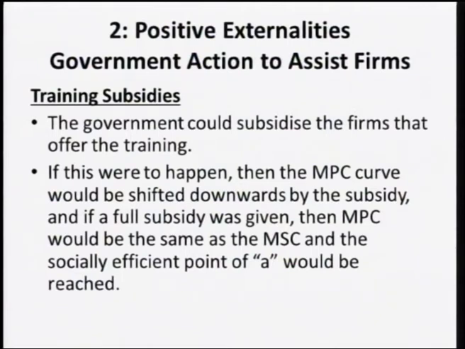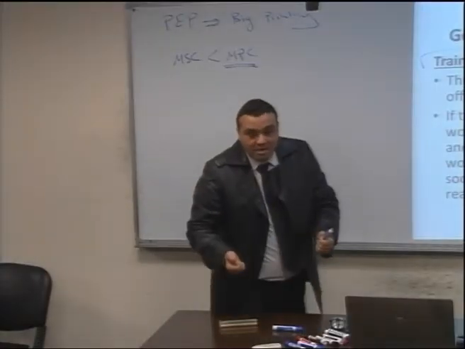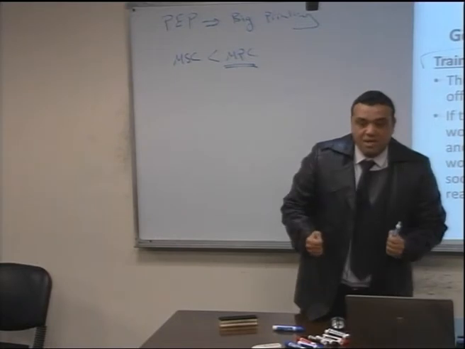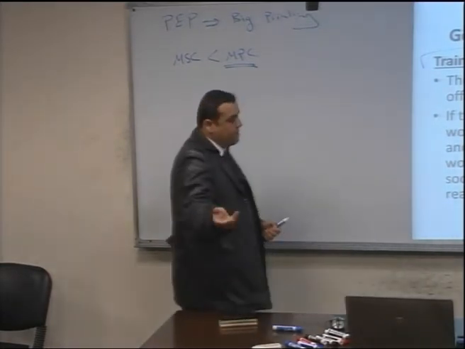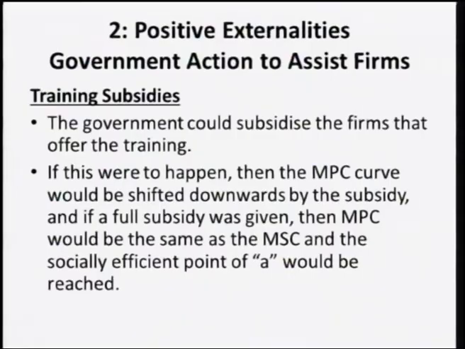So the government can subsidize the training courses. The government could subsidize the firms that offer the training, providing them with subsidies. If this were to happen, the marginal private cost curve would shift downwards by the subsidy.